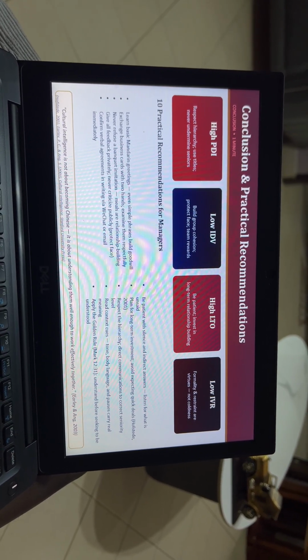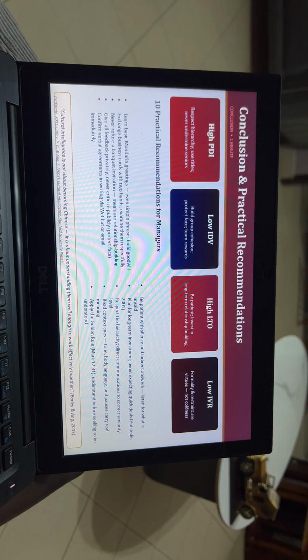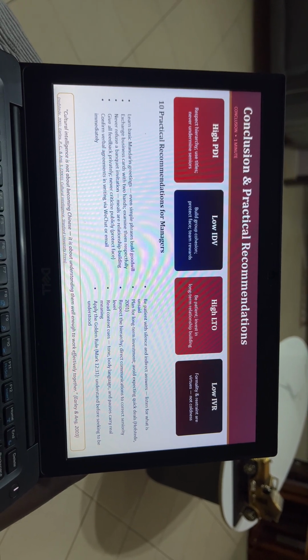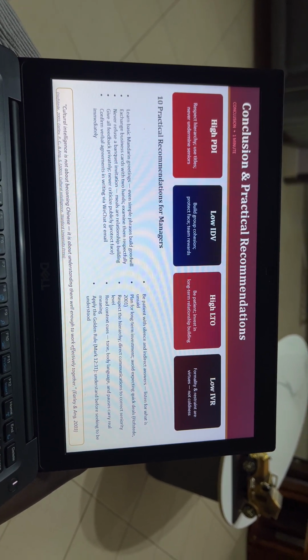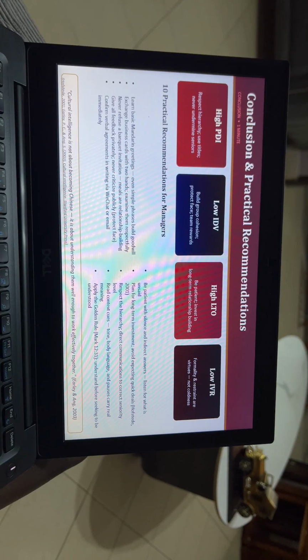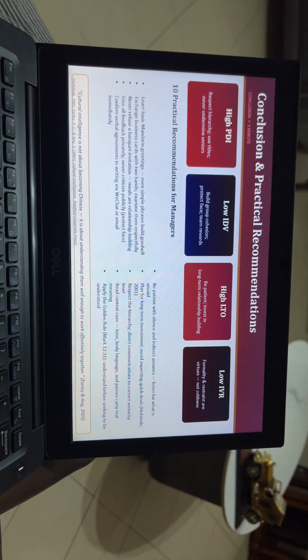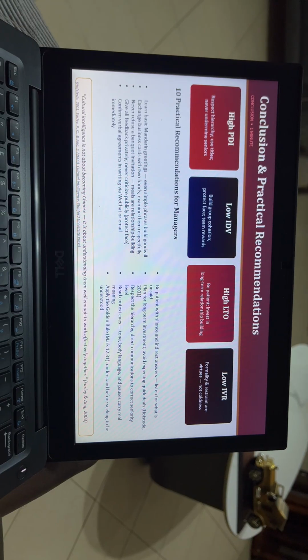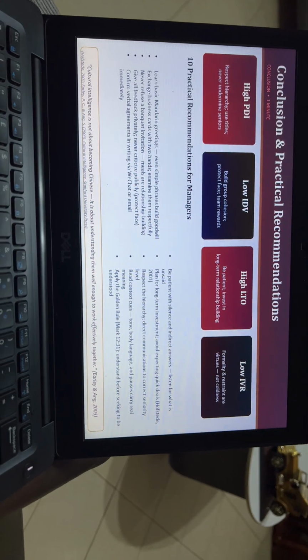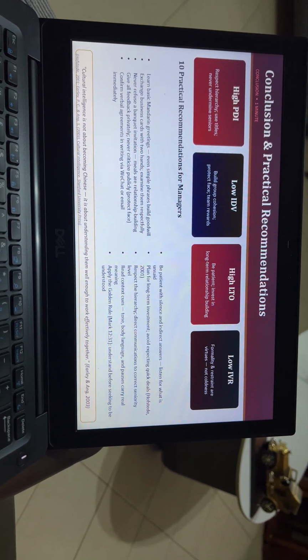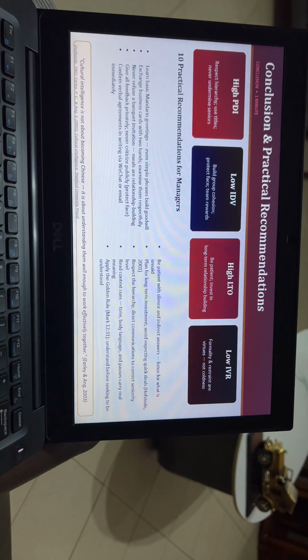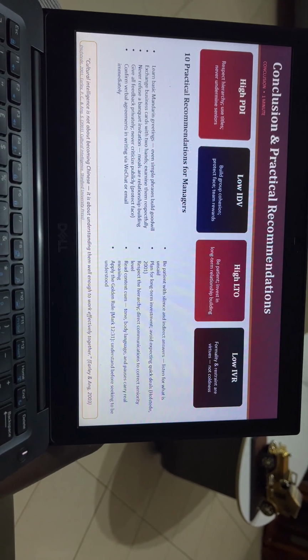The next one, confirm verbal agreements in writing. The next point, be patient with silence and indirect answers. Listen for what is unsaid. Plan for long-term investment. Avoid expecting quick deals.